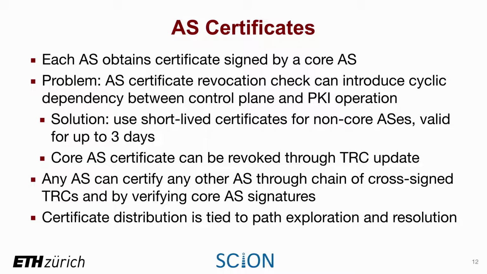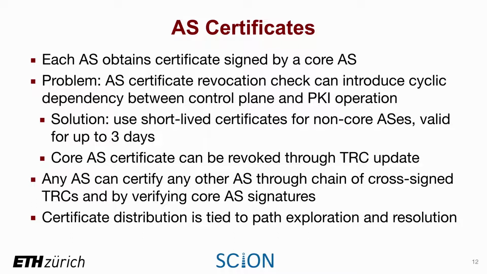Currently we use short-lived certificates for all the non-core ASs, which are valid up to 3 days. Core AS certificates can be revoked through TRC updates, and so for those we have longer validity times and don't need to use short-lived certificates.